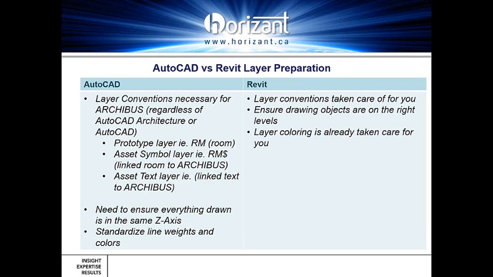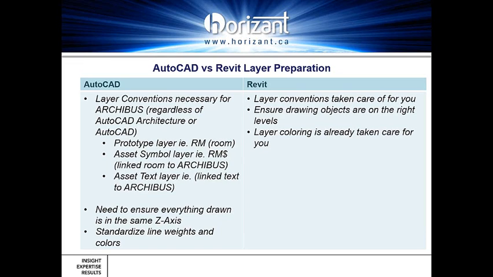So for every kind of object, for example, rooms, a room layer is identified as RM. And Archibus has a few versions of the room layers. One is a prototype layer, so one where you're just creating the object there. It's not linked to the system. You're just preparing the shape. The second version of the same layer, the one with the RM $, is now the asset symbol.